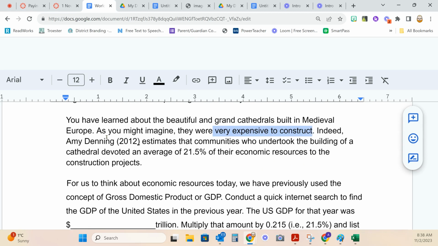In fact, about 10 years ago, a scholar named Amy Denning did some pretty serious work and was able to calculate that on average, the communities that decided to build a cathedral devoted 21.5% of their economic resources to building cathedrals. And they did this over an extended period of time.